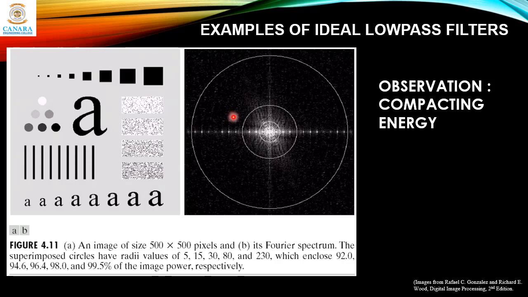So let us first understand what happens to the representation here in the frequency domain. This is the test image, which we saw in the previous lecture also, with all the possible patterns in the image. Now if you take the Fourier transform of this image, this is the output, and the circles are superimposed on it so that we have a reference point.